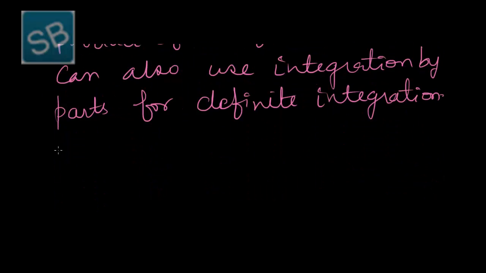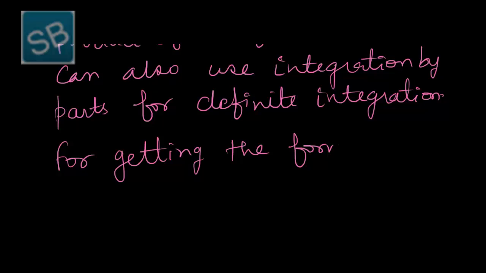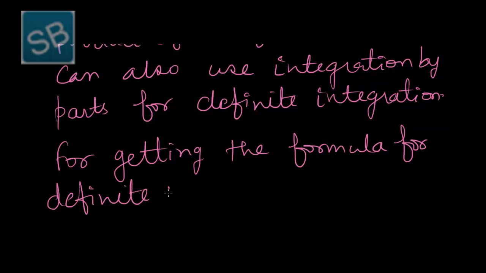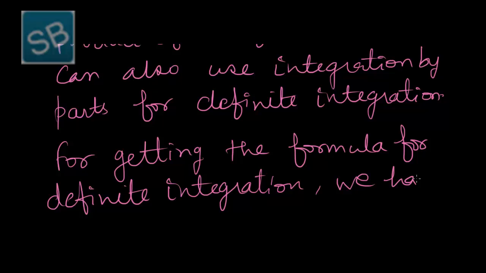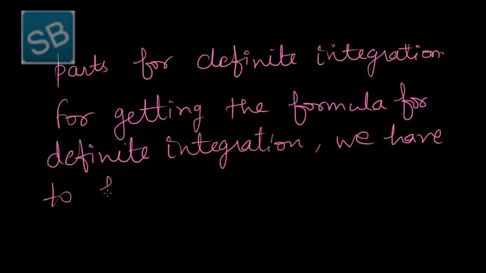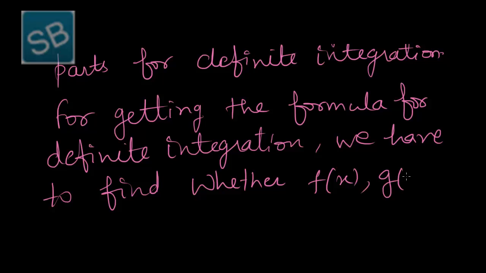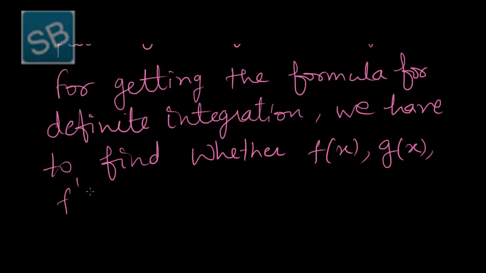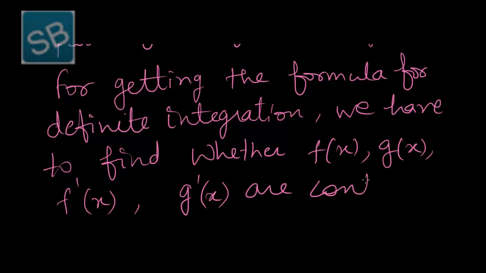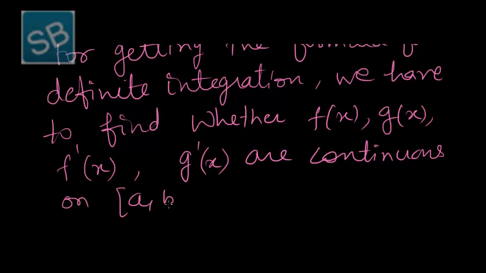For getting the formula for definite integration, we have to find whether f(x), g(x), f dash of x, that is first derivative of f with respect to x, and g dash x are continuous on closed interval [a, b].